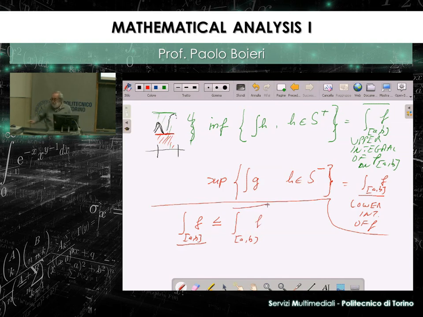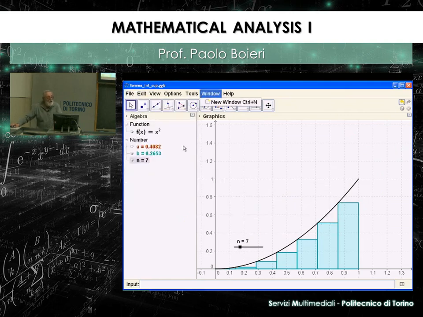Approximating from above, gives me a value that is bigger.